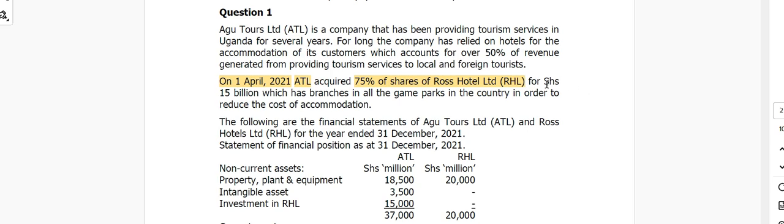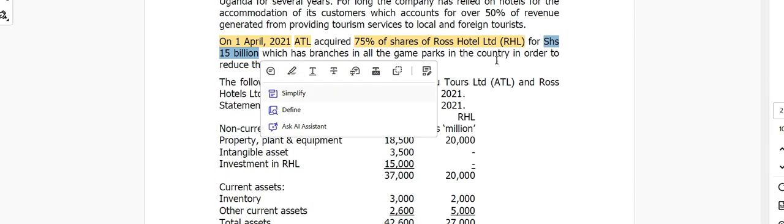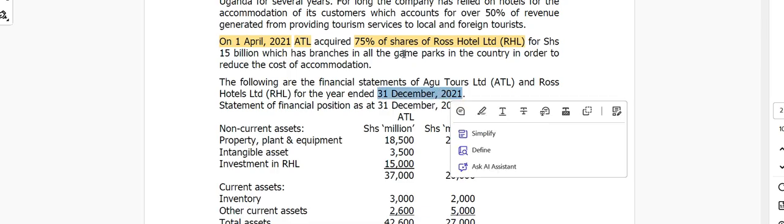This is your purchase consideration, 15 billions. The reporting date is 31st December 2021. So from 1st April 2021 to 31st December 2021, we have a post-acquisition period of 9 months.